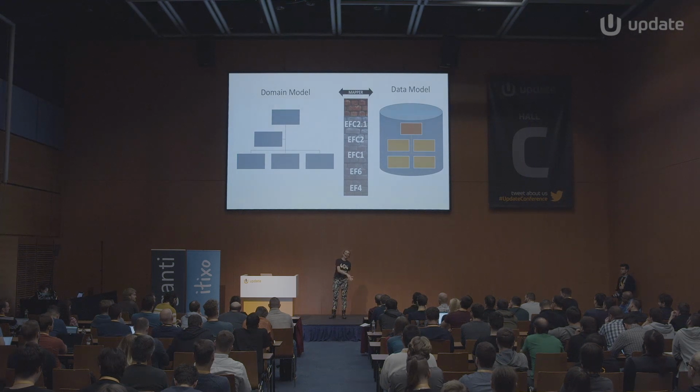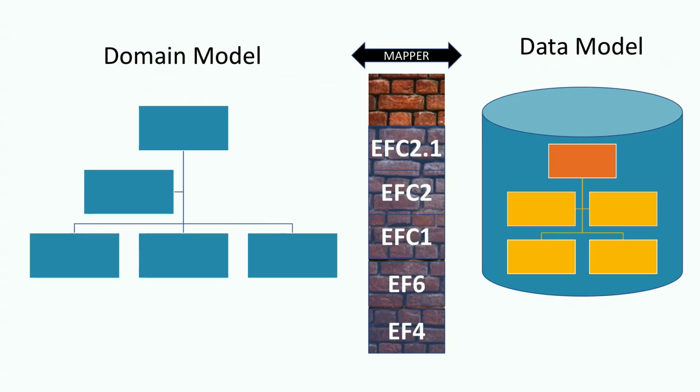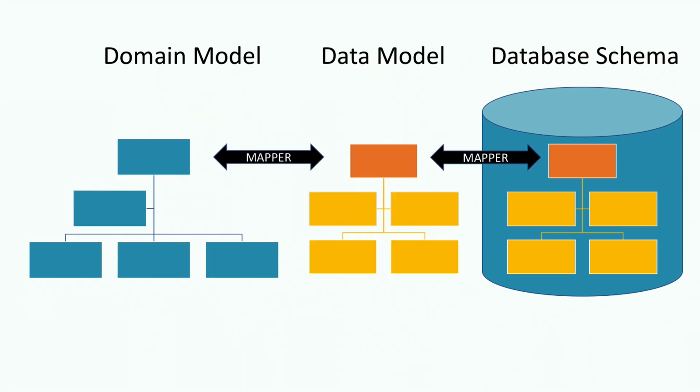So by adding that logic in to make EF Core happy, now you're adding side effects and problems and everything. So there are times when you do just need to use a mapper between your domain model and your data model, and then you can use EF Core as the mapper to the database.